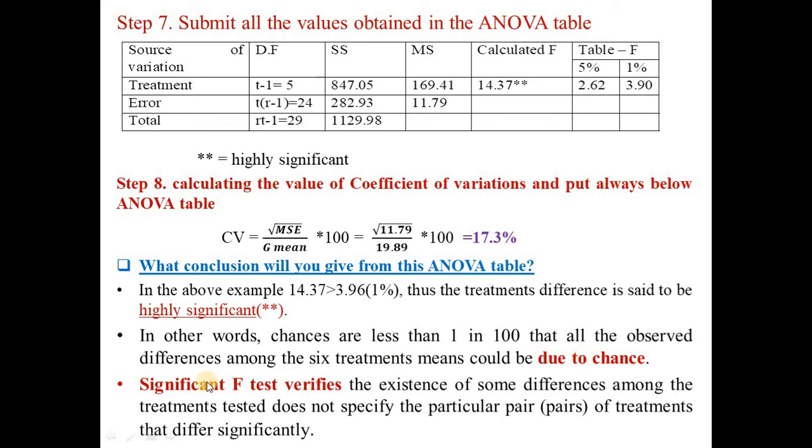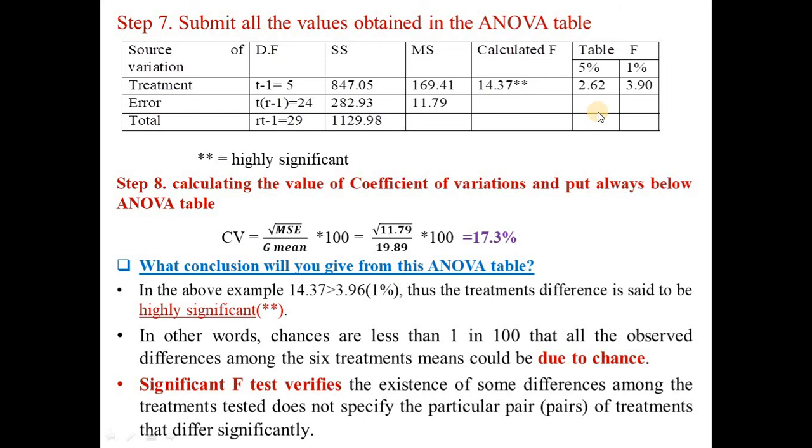So a significant F test verifies the existence of some difference among the treatments tested, but doesn't specify the particular pairs of treatments that differ significantly, because the ANOVA only tells us the presence or absence of significant difference between treatments.